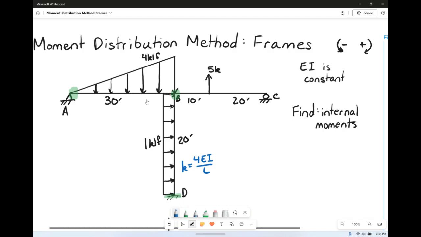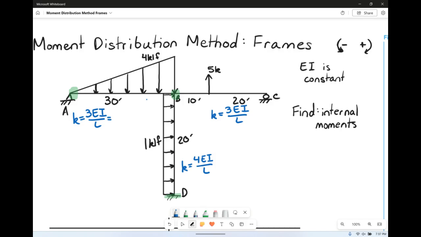So BA is fixed at one end and free to rotate at the other, so that one's going to have a reduced stiffness factor, K equals 3EI over L. Same thing for BC, the roller at C is going to allow for rotation, so that's going to be K equals 3EI over L.